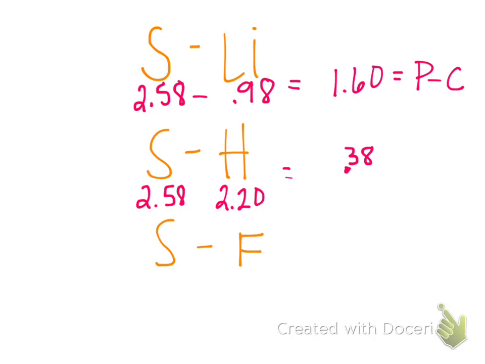So a 0.38 difference gives us what type of bond? A polar covalent bond. Good. So they're shared. Which way are they going to lean toward? The electrons are going to lean towards sulfur here. Just like in the first one too, they're going to lean towards sulfur.